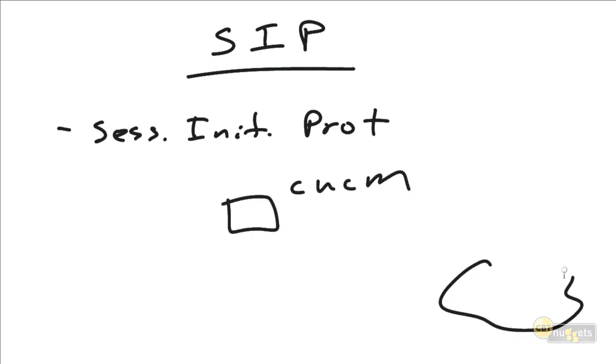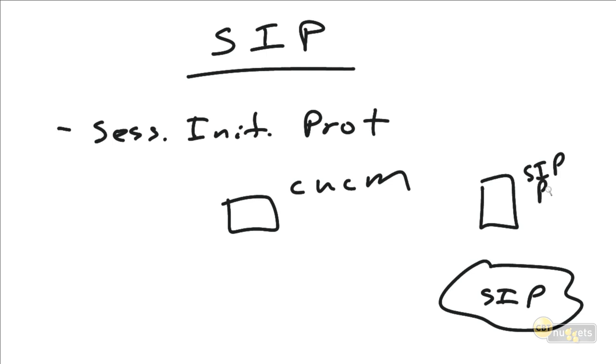We might have a bunch of equipment that is using SIP. We can even have what's called a SIP proxy server, and that device can go ahead and make a connection to the Cisco Unified Communications Manager. Because thankfully, CUCM also supports SIP in addition to the Skinny Client Control Protocol. So SIP is another peer-to-peer protocol that's an open standard that we can find in our voice over IP networks, and the great news is Cisco supports this in CUCM.